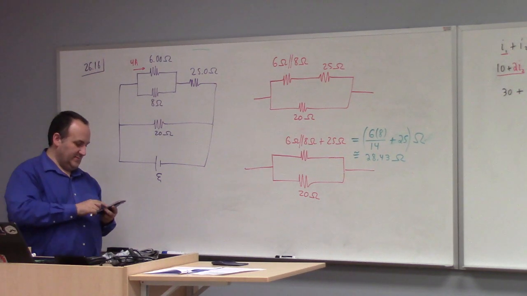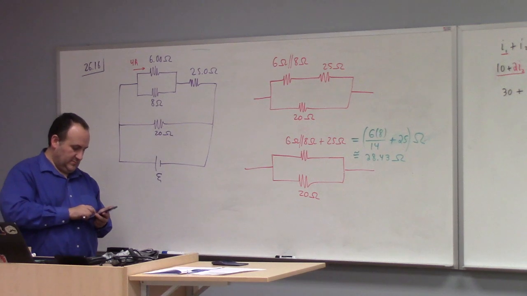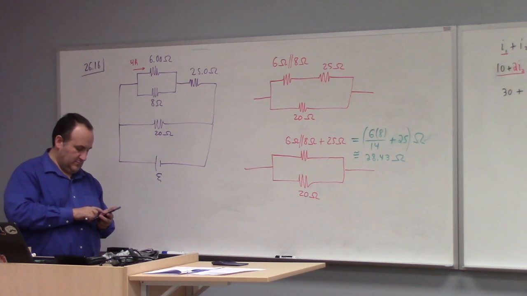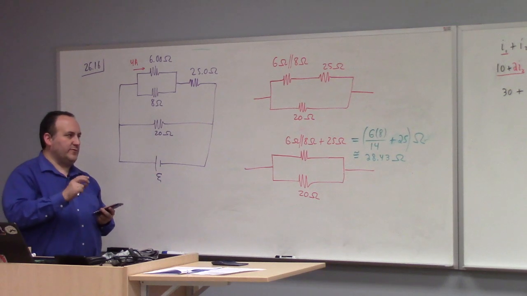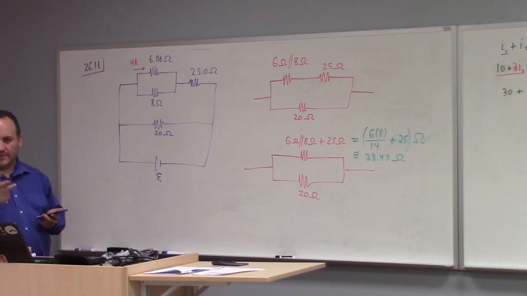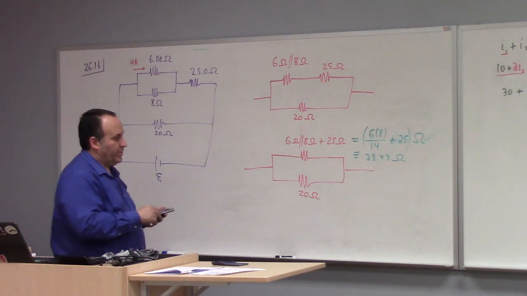And that is, let me just double check on it, 3.429, or let's say 3.43 ohms is what that is. About 3.43 ohms. Yeah. All right.